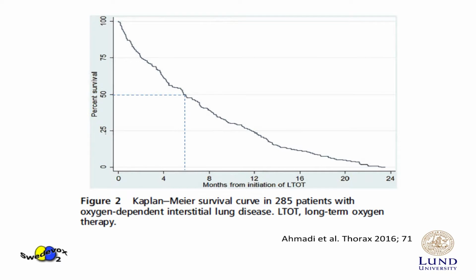So these were the groups that we compared, and interestingly, the median survival is very, very bad if you got a fibrotic lung disease and you're put on oxygen, if you have progressed to that stage of your disease. So it's a median survival time about 6 months from initiation.